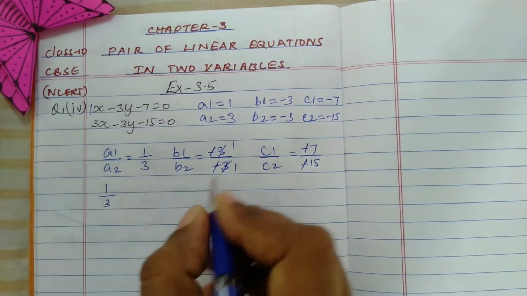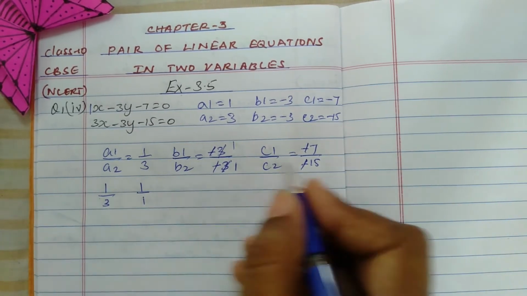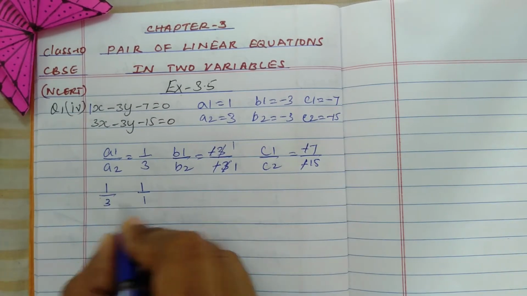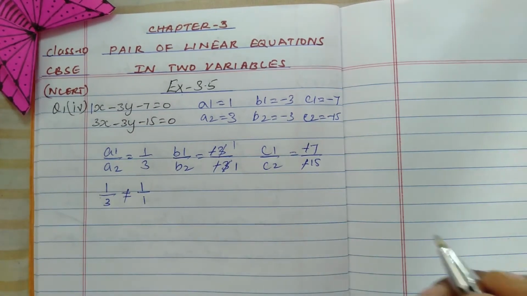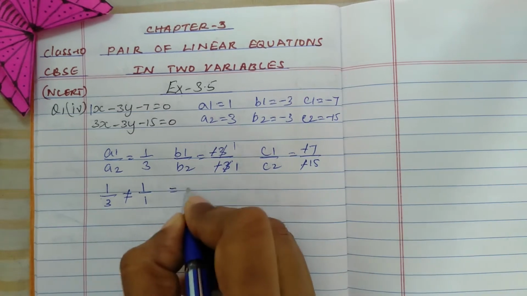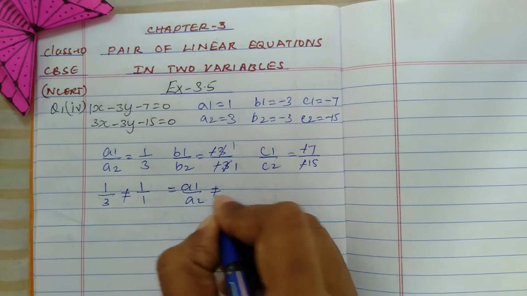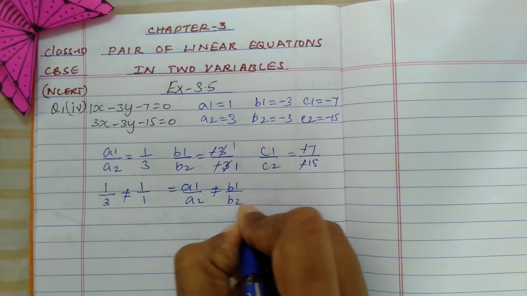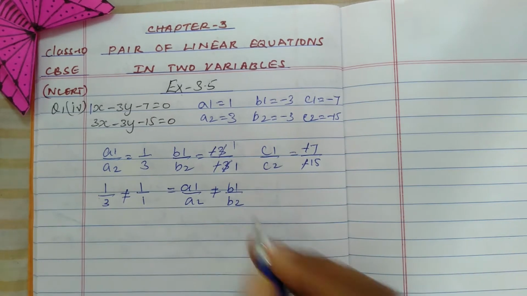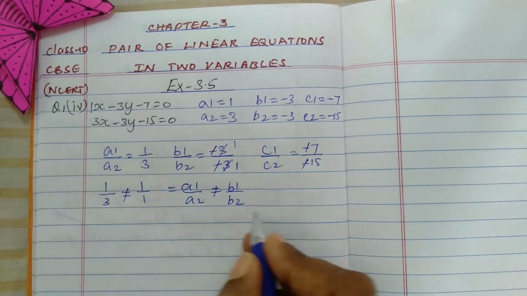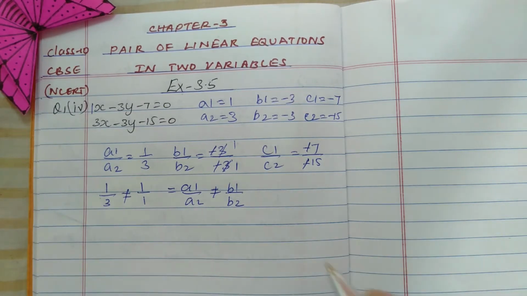This is 1 by 3 and this is 1 by 1 and this is not required, because from this itself we can make out that 1 by 3 is not equal to 1 by 1, which means that A1 by A2 is not equal to B1 by B2, right? So this says that these equations will give us a unique solution because they will intersect at a point.